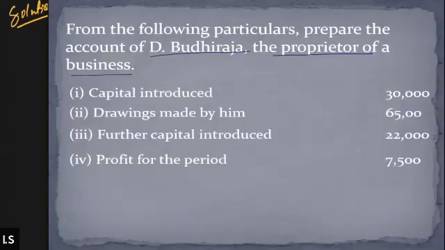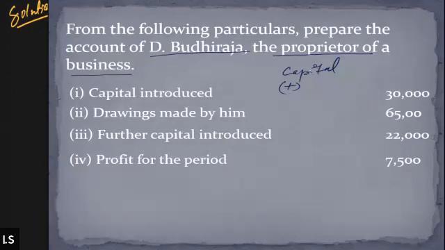So it says capital introduced 30,000. First of all, tell me, since capital is being introduced, will this lead to an increase in the overall capital of Buddhiraja or not? Whenever capital is introduced, how is it going to affect the capital account, whether capital will increase or decrease?